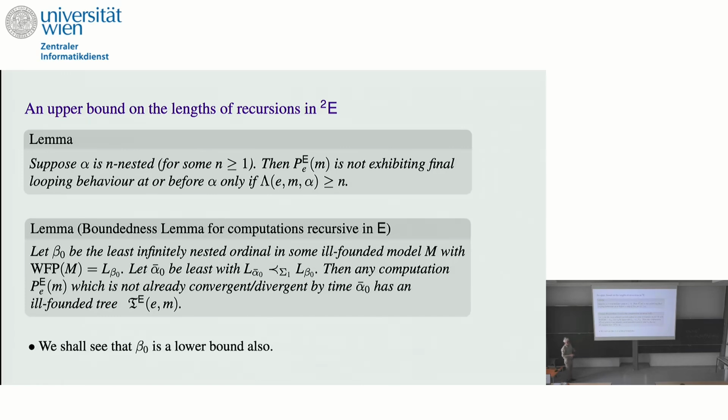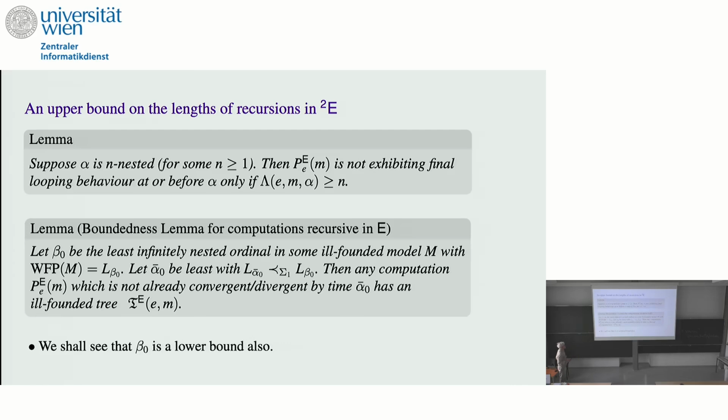Then the program is not yet exhibiting final looping behavior only if the level is greater than or equal to n. It's just a bookkeeping function. If the level was strictly less than n, we would know that it's already trapped in a final loop. Just take it from me.